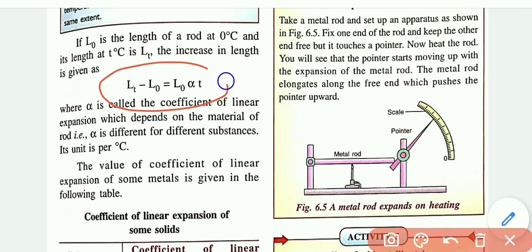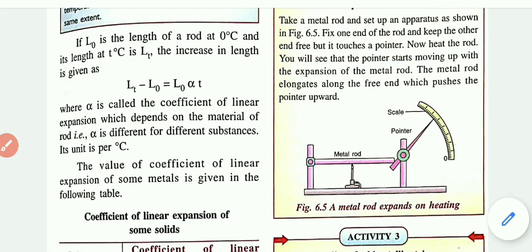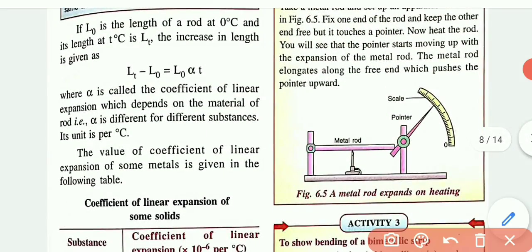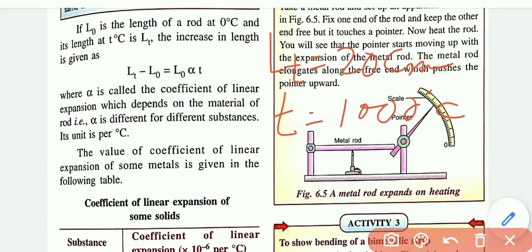Now just take the value Lt equal to 20 centimeter at t degree centigrade. That is, t degree centigrade is 1000 degree centigrade. At 1000 degree centigrade, its length is 20 centimeter.